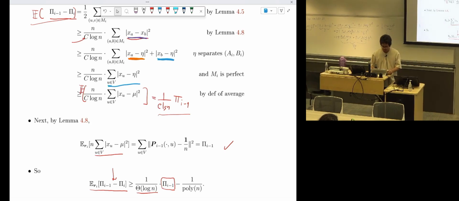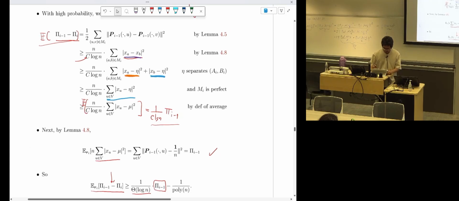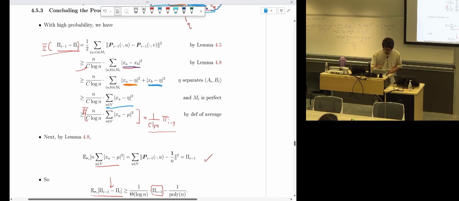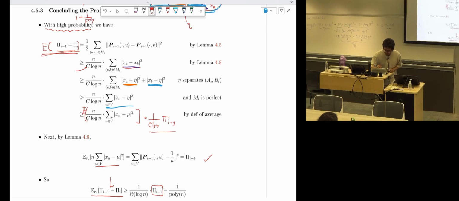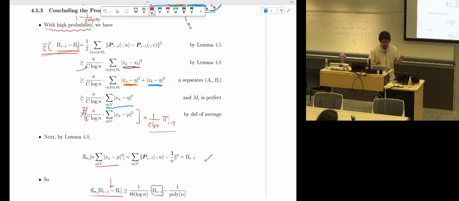We have this thing only with high probability, with probability like 1 minus 1 over poly n. This whole thing holds with high probability.